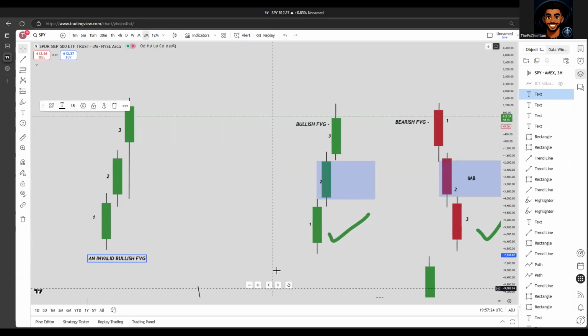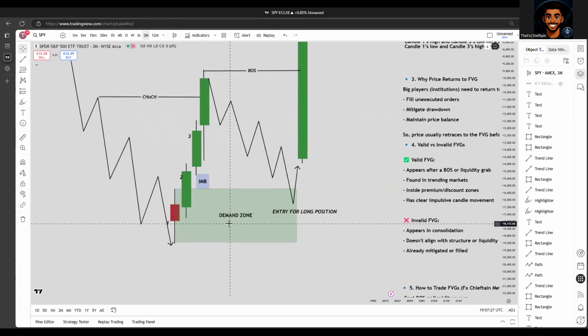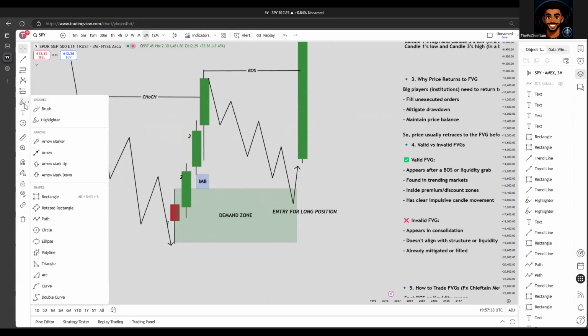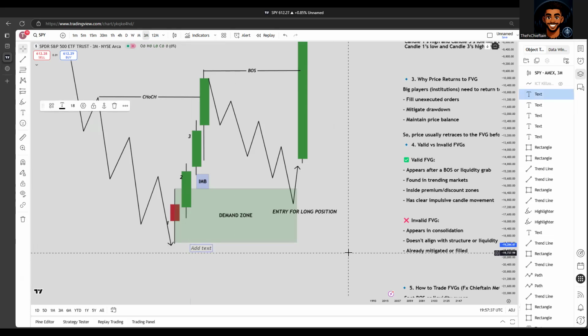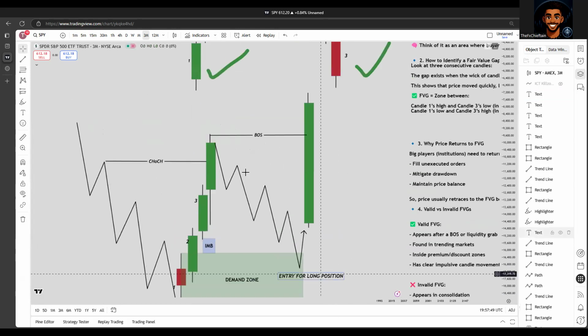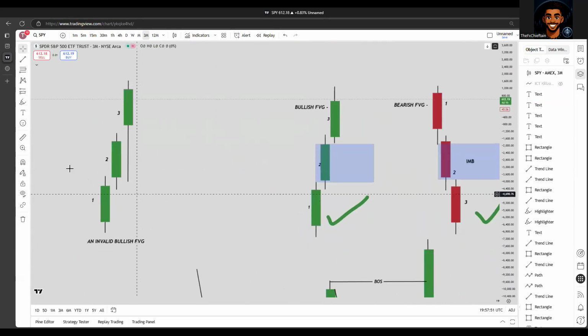Same thing: if at any point you see that your order block does not have a fair value gap, it is not going to work, or that order block will not hold and will just manipulate you. So this is the valid order block, OB. Okay, guys, this is what you want to see. This is invalid.